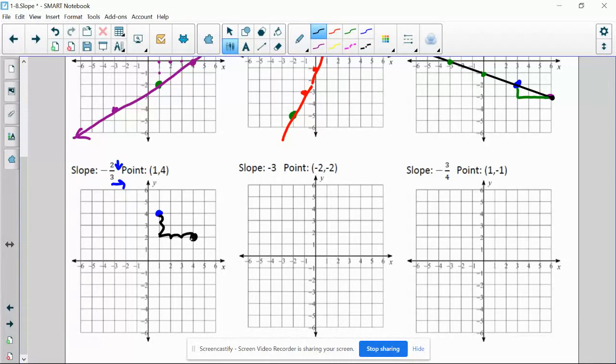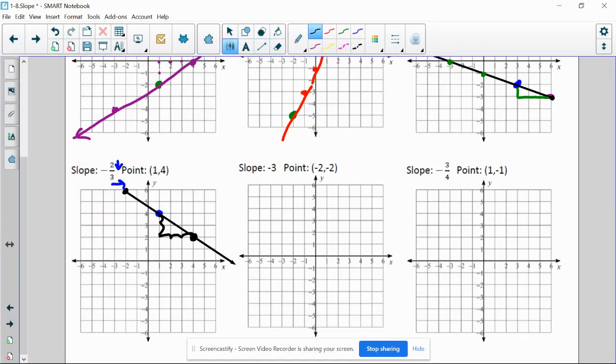If you feel like you're going to need bunny hops, do bunny hops. That's not that big of a deal. Okay? Well, if I wanted to work backwards, I know I'm going to go up 2 and left 3. Here's my other ordered pair. So here we go. And somewhere over here would be my other line.